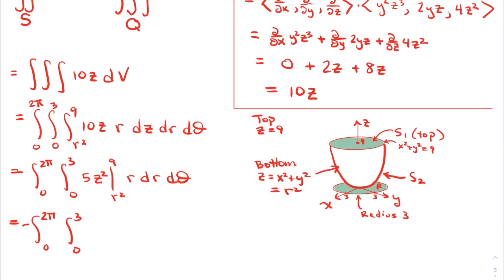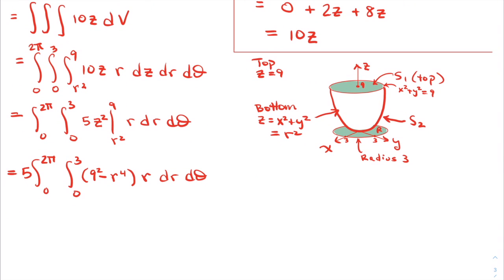I guess we could put that 5 out, right? What's it doing there? Okay, so we're gonna have like a 9 squared minus r to the 4th. Don't like it. Don't forget there's another r and a dr d theta.